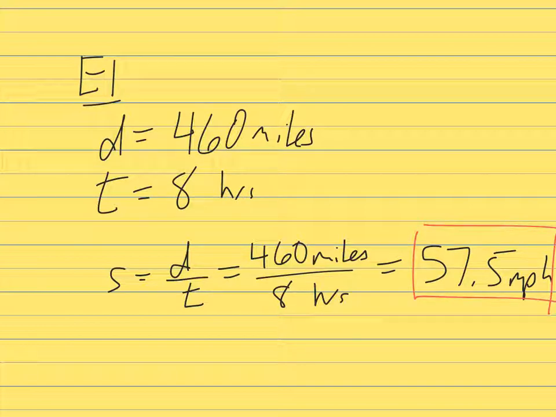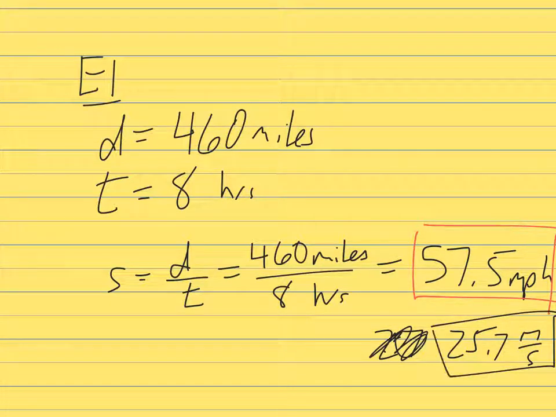It doesn't ask you to do it, so I'm not going to require it. You would convert your miles into either kilometers or meters, your time into seconds, and you might come up with 25.7 meters per second, and that's an acceptable answer as well.